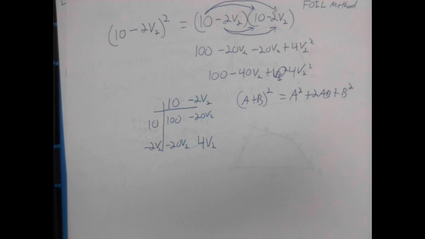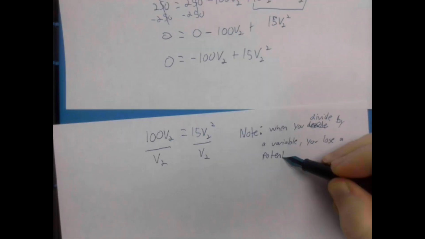Note, when you divide by a variable, you lose a potential solution. Because when you use the quadratic equation, you always get two answers, right? What number can v2 not be?